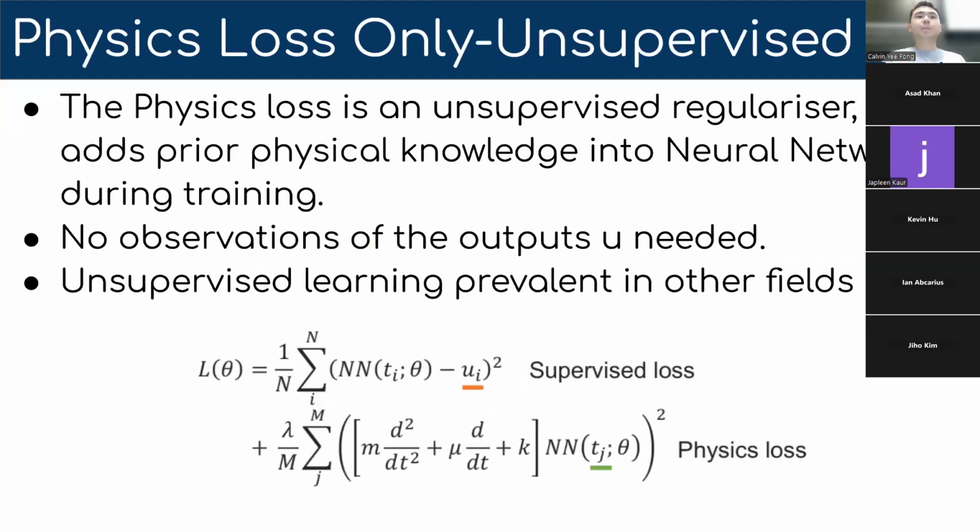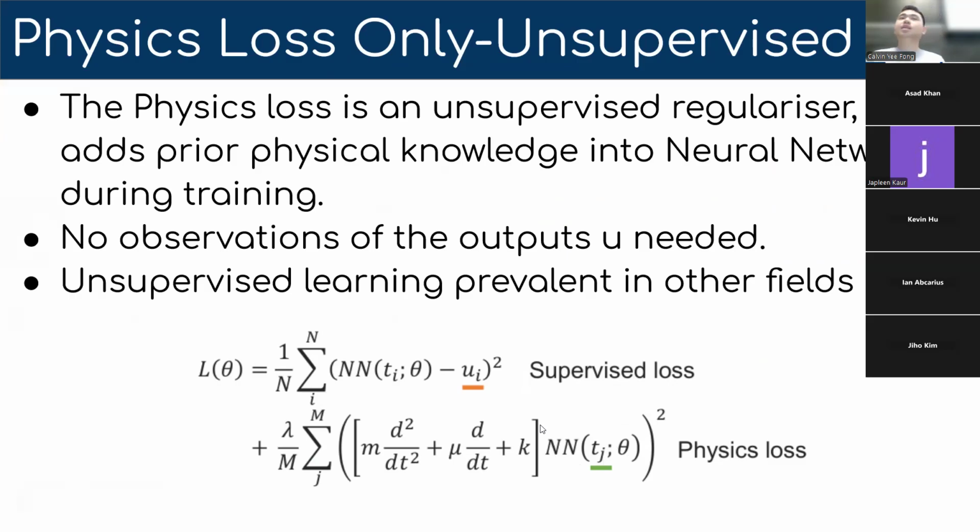So, a bit more on your question. This physics loss is what you would call an unsupervised regularizer. What it does is add prior physical knowledge into the neural network during training. If you look at the equation here, you can see there are no outputs appearing in the data required to compute this loss function at all.